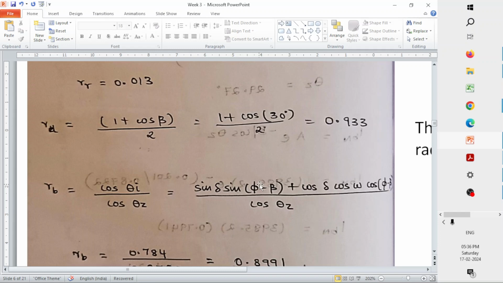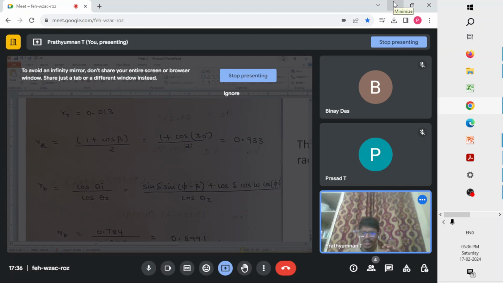The zenith angle is nothing but this. Suppose the flat plate collector is not tilted and lies in the horizontal direction. The normal will be in this direction, and let's say the sun rays fall in this direction.